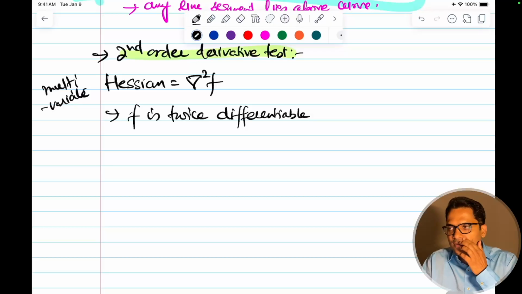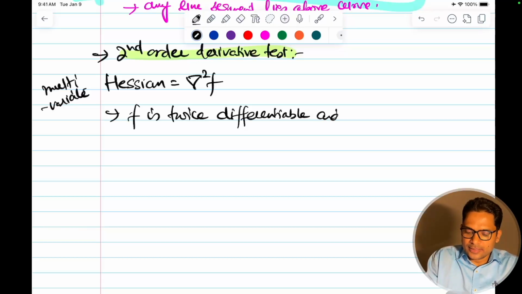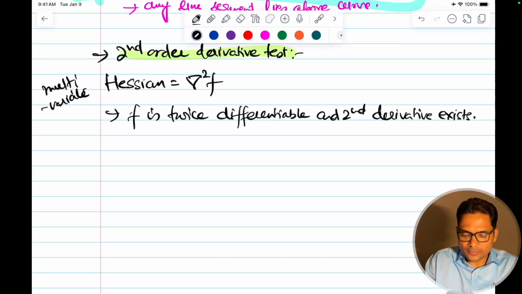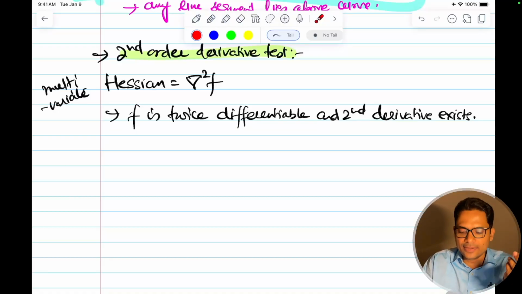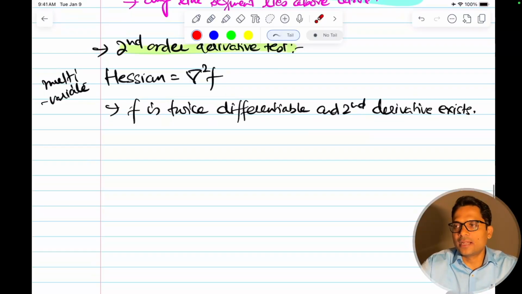So the function is twice differentiable and the second derivative exists. That's what it means. If the function is twice differentiable and the second derivative exists, only then can we talk about its convexity.